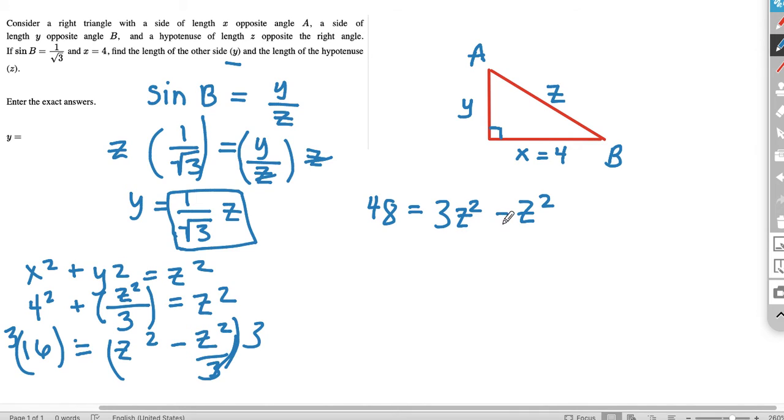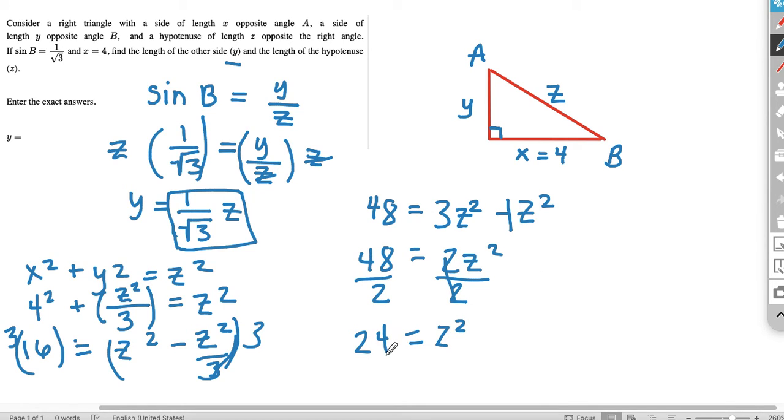Now 3z squared minus z squared, well, it's always implied that there's a 1 here if there's no other number. So then that's just 2z squared equals 48. Then I want to isolate z squared, so I divide both sides by 2. And then I get 24 equals z squared.